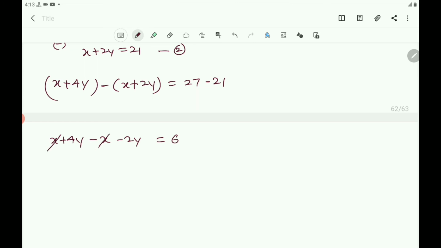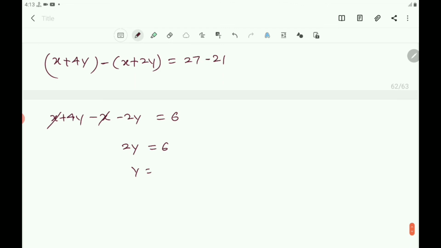Here x and minus x cancel, 4y minus 2y is 2y, equals 6. So y equals 6 by 2, that is 3.